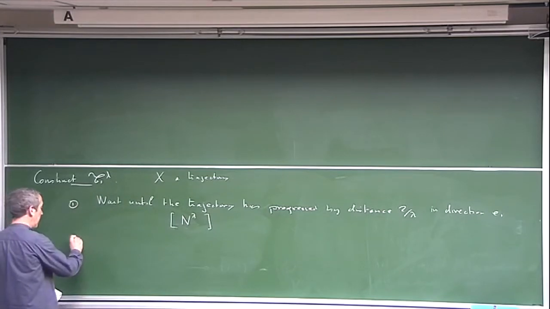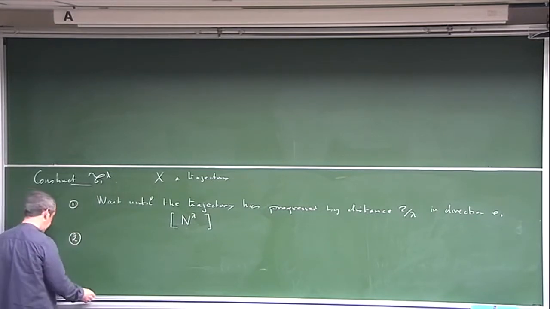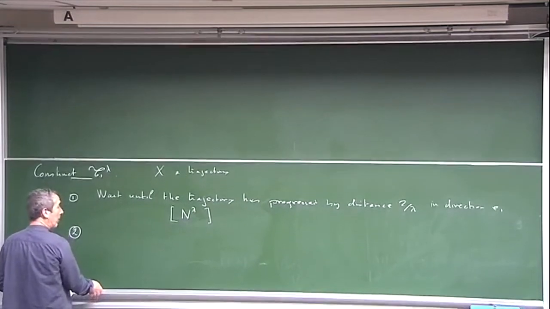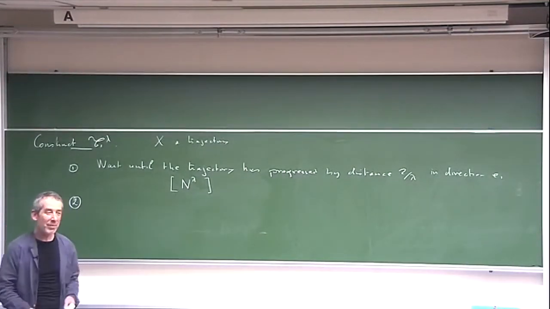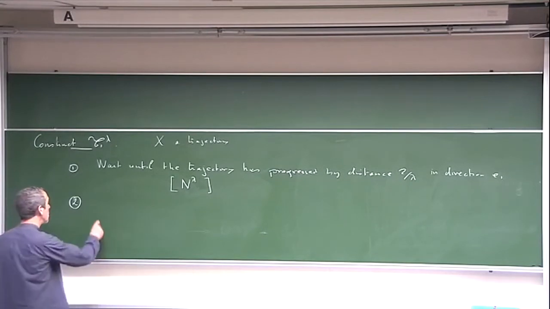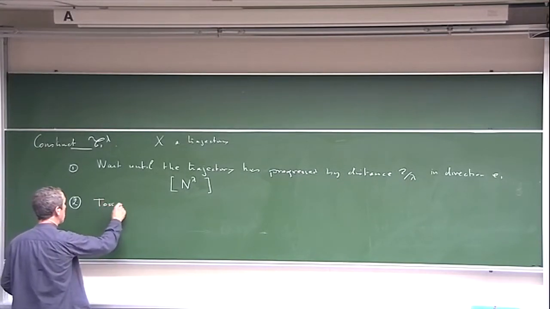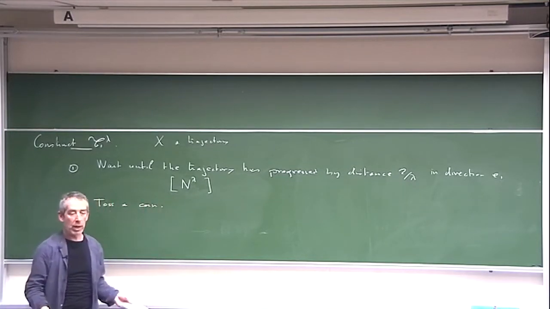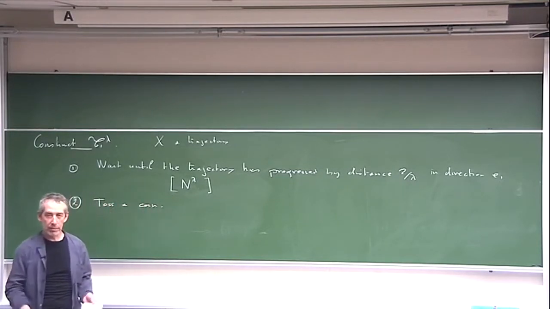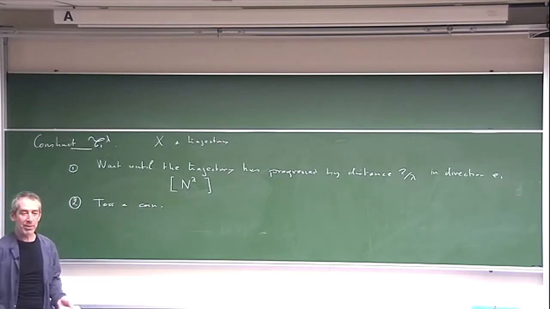Then, second step. Now you do something a little bit magical. You toss a coin. I mean, you all have coins, right? We're all probabilists. From time to time, we like to toss a coin.